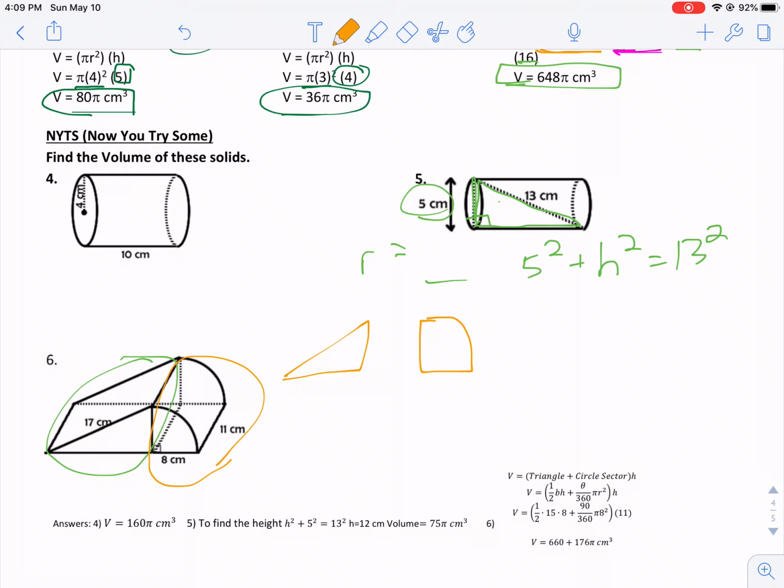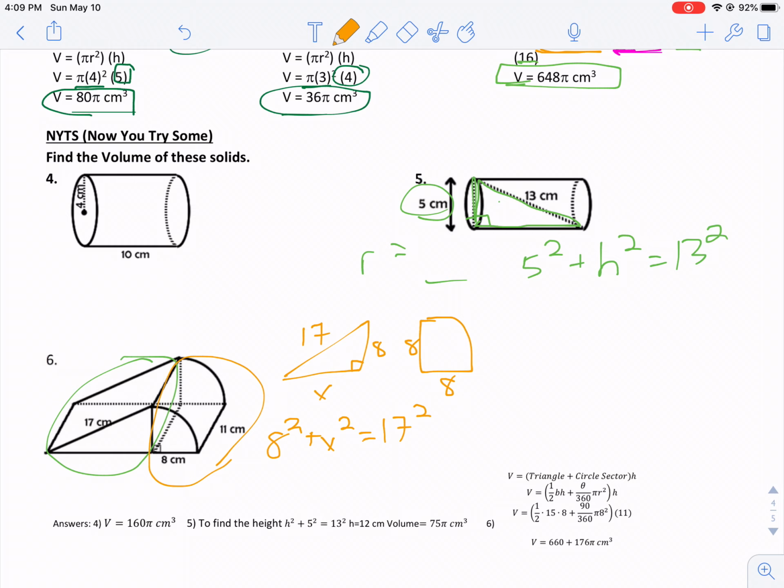Well, for this triangle, we have this is 17, and that's it. For the semicircle, we know that's 8 and 8. Since those happen to share the same side, that's 8. We still need this side, though. So once again, we're going to have Pythagorean theorem here. So 8 squared plus x squared equals 17 squared.